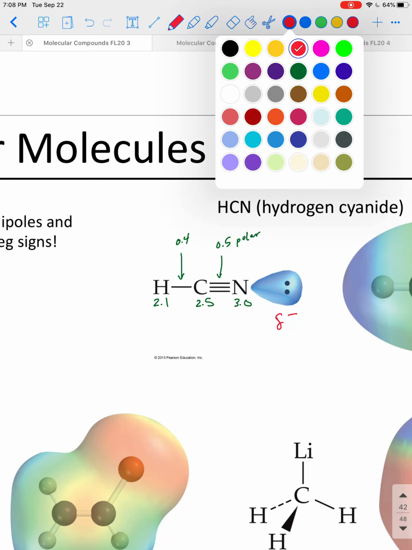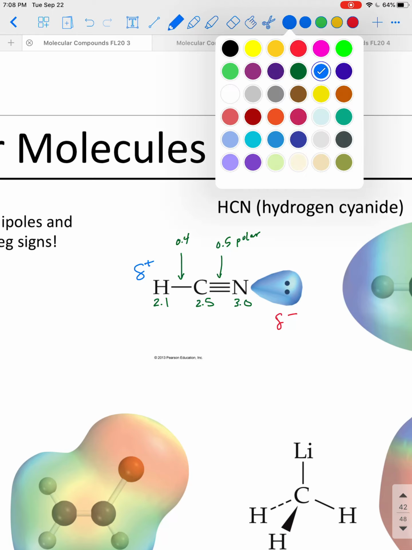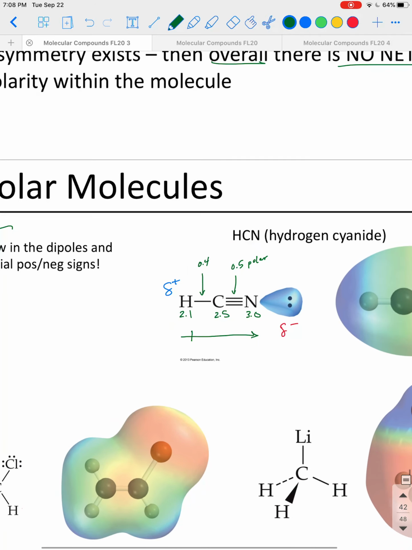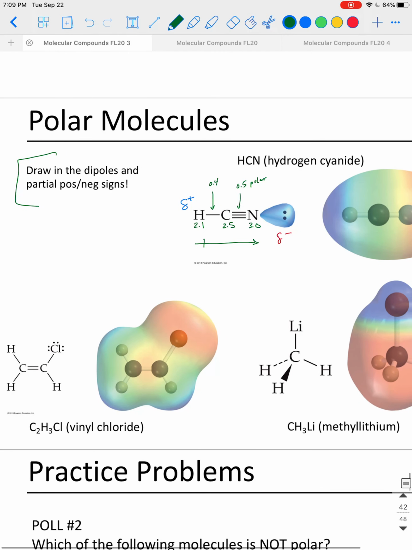This is the partial negative side, which makes the opposite end of the molecule partial positive. That's hydrogen. Now, do we have symmetry? No, we don't. So if we draw a dipole in, we should draw it from the partial positive side pointing towards the partial negative side. So this is definitely a polar molecule. There's our dipole.